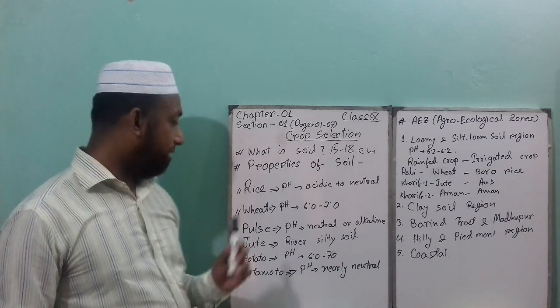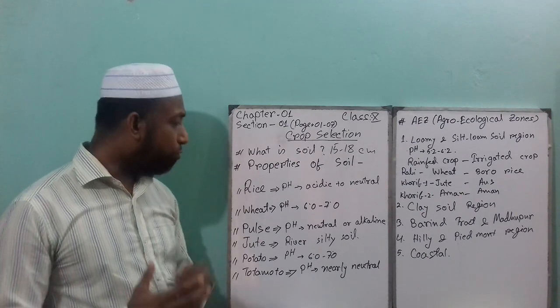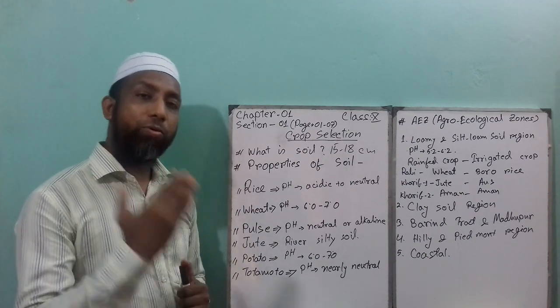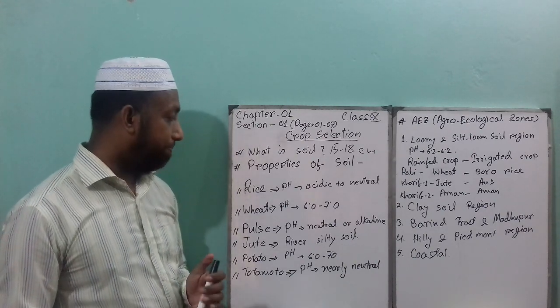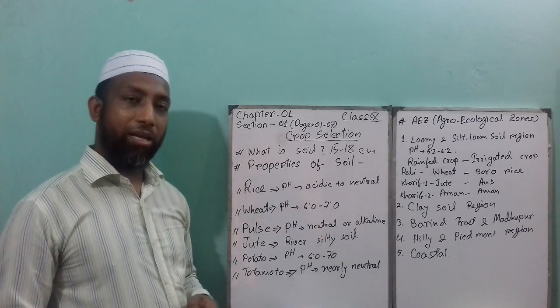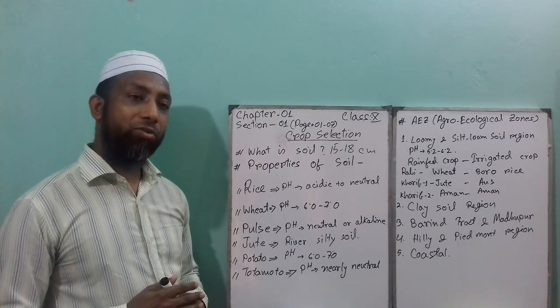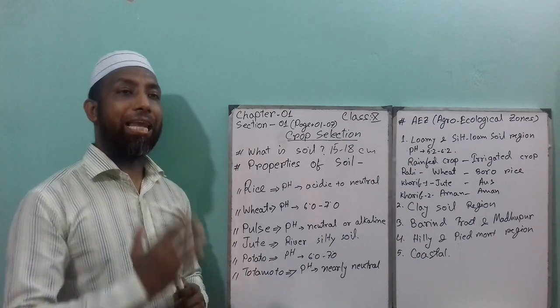So let's talk about the properties of rice soil. What would be the rice soil properties? That means when you try to cultivate rice, what will the soil be? The pH of rice soil is acidic to neutral. But first of all, remember what is acidic soil, what is neutral soil, and what is alkaline soil.